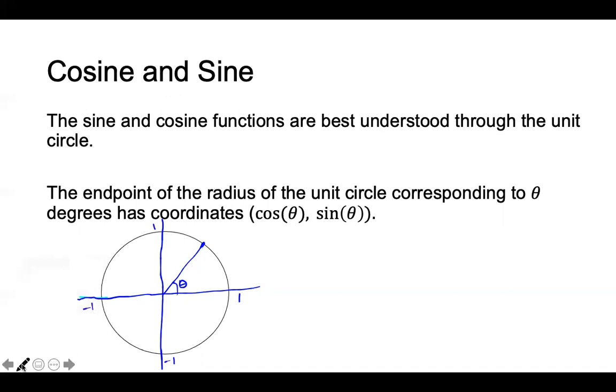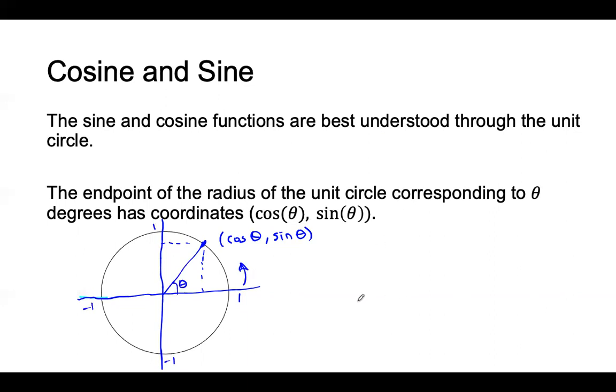I'll just use a dotted line. If we have our angle, this point here is, to repeat it, the ordered pair cos, sine of the angle, respectively. And remember, we're going in the counterclockwise direction.